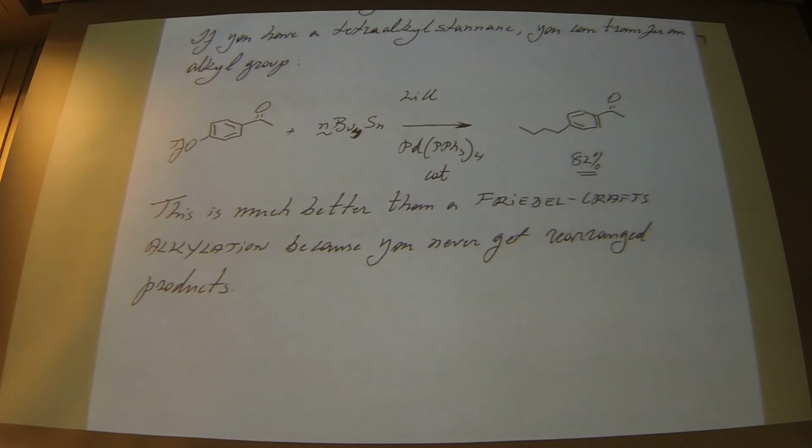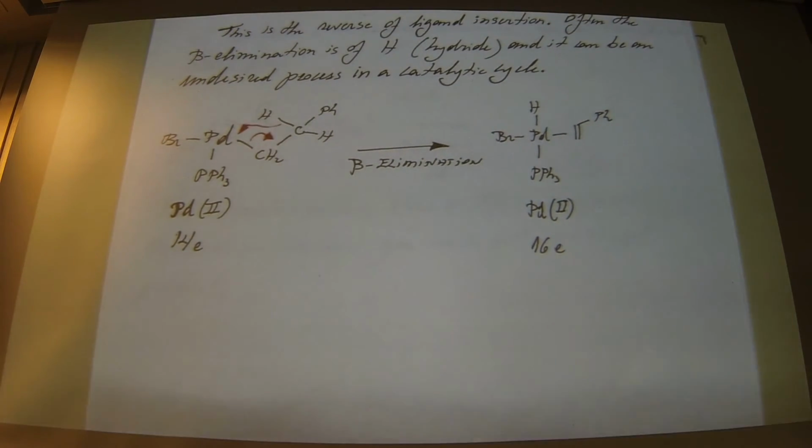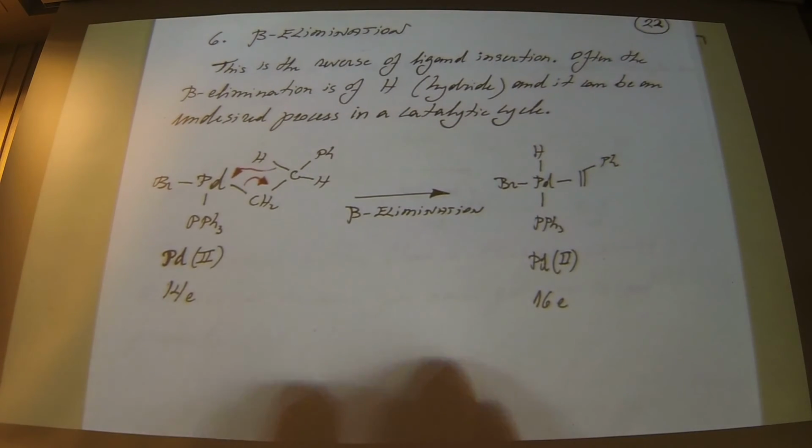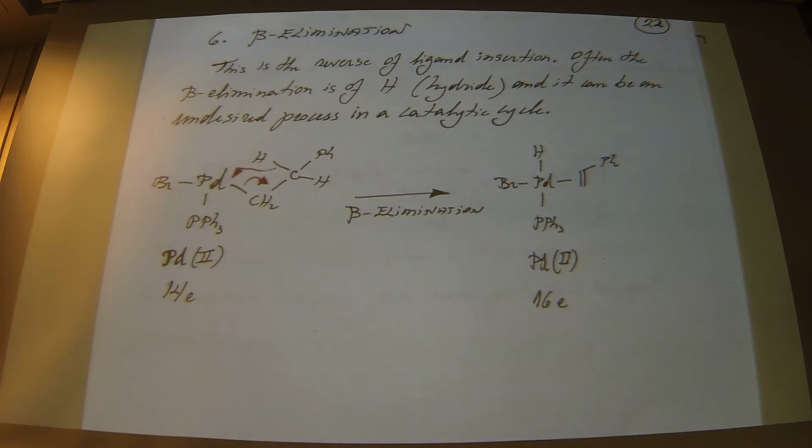Here's why. We talked about one of the elementary reactions of organometallic species, didn't we? And that was a beta hydride elimination. And the beta hydride elimination is sort of the reverse of ligand insertion.